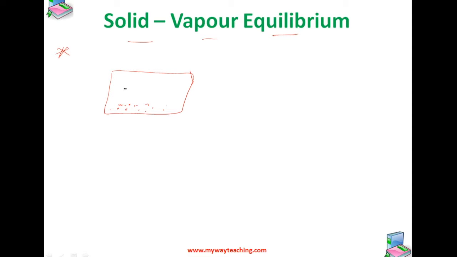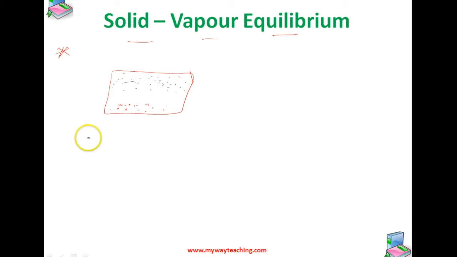After some time, the vessel gets filled up with violet vapor, and the intensity of the color increases with time. After some time it remains constant, and at that stage we can say that equilibrium is attained. Hence, solid iodine sublimes to give iodine vapor, and the iodine vapor condenses to give solid iodine.